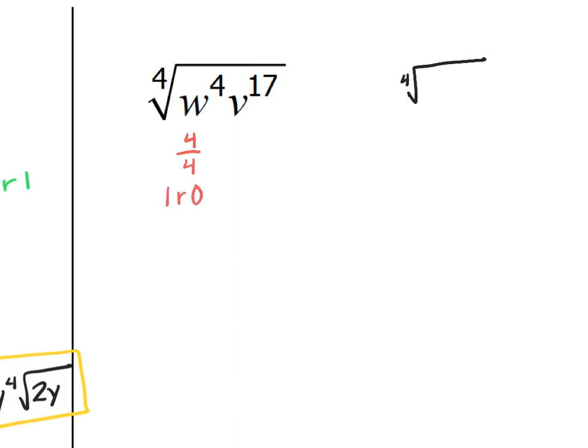So that w can just come to the outside and it would be to the first power. For v, 17 divided by 4 is 4 remainder 1. So it would be v to the 4th, and then I have a v to the 1st on the inside. So when I simplify this, it's w times v to the 4th times the 4th root of v.